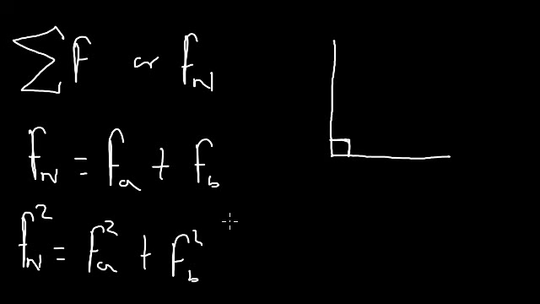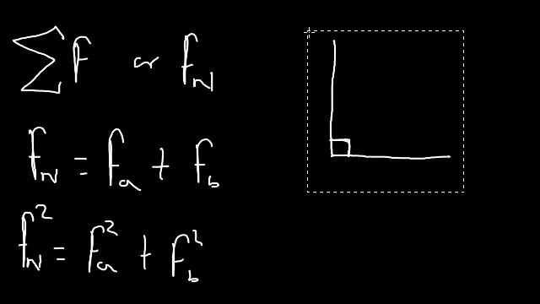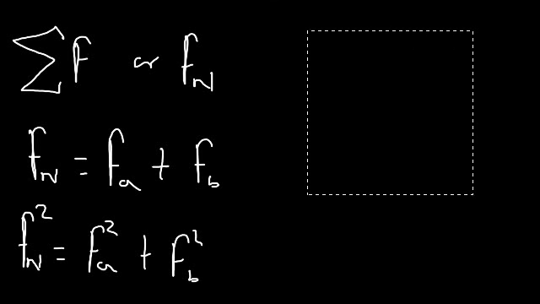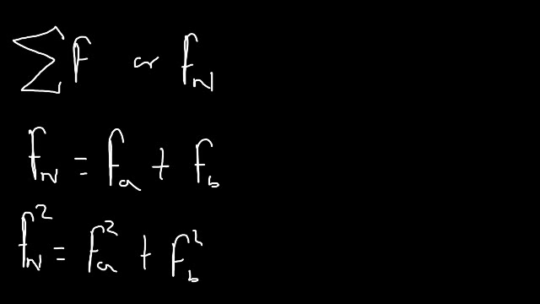Now, the next case is what if those forces make an angle with each other that is not 90 degrees? In a case like this, we need to head on to trigonometry and use one of its properties, and that is what we know as the cosine rule.